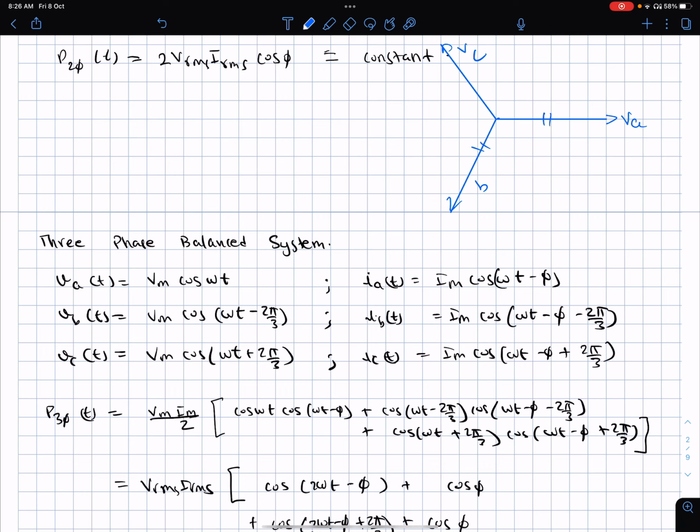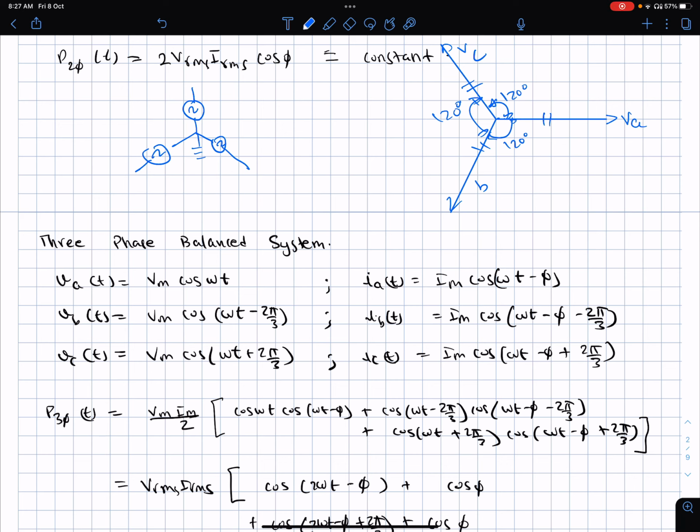These are all equal in magnitude and separated by 120 degrees. Now, if I have a three-phase generator, and this is called a star connection of a generator, Y or star connection of a generator.